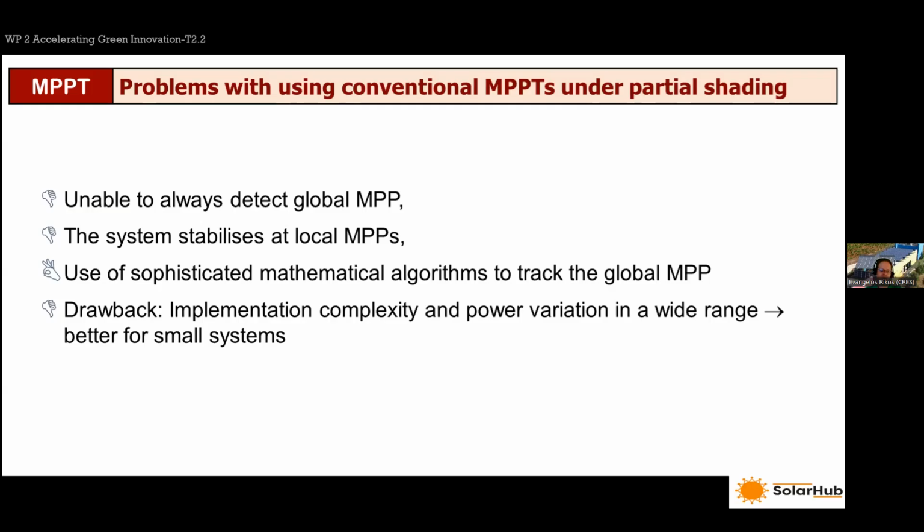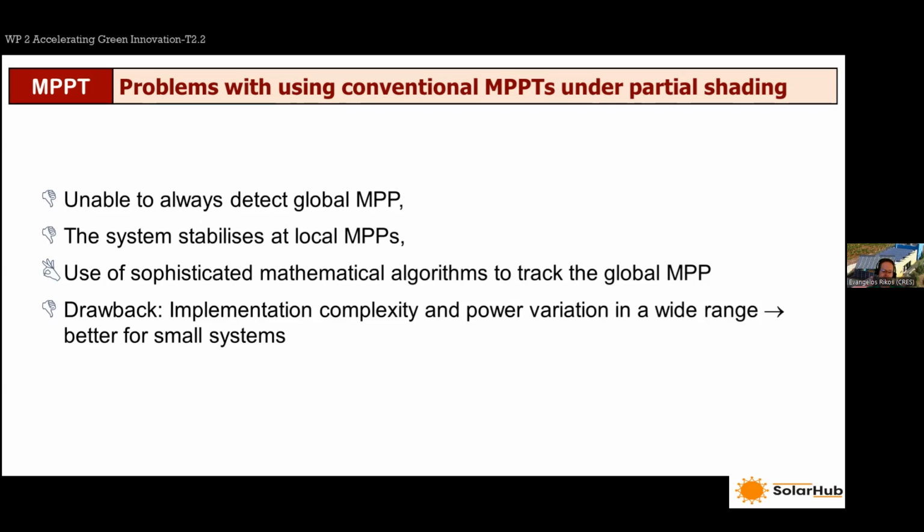As I said before, they are unable to detect it most of the time. And most of the time, the system stabilizes at one of the local MPPs, which could be substantially lower than the global maximum power point. So the use of sophisticated algorithms to track the global MPP is very important.